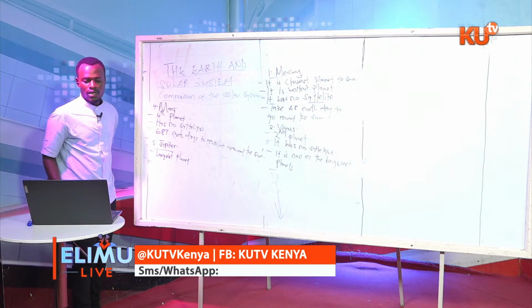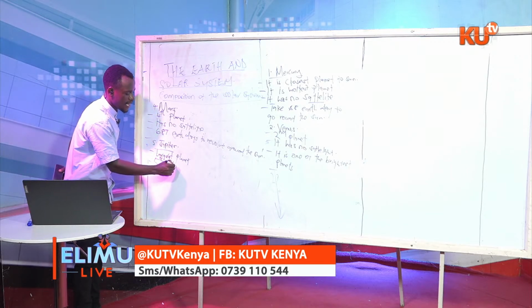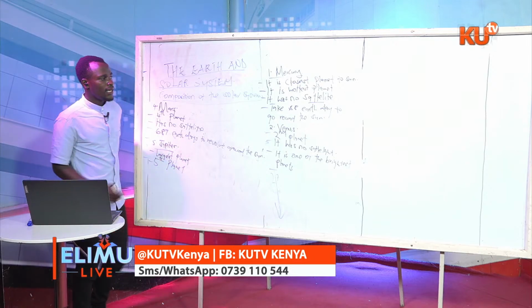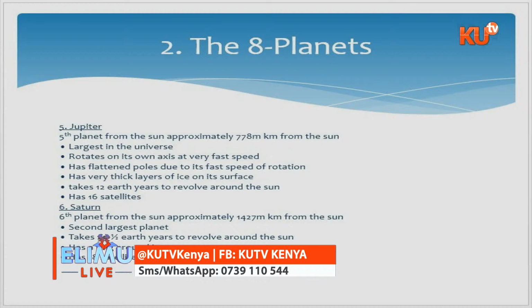Characteristic number 2, it is the fifth planet. Characteristic number 3, it has got 16 satellites.